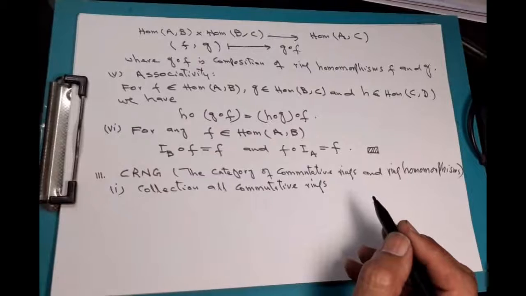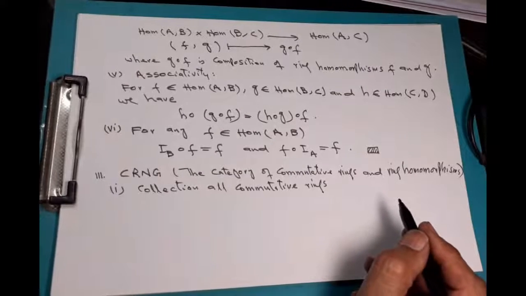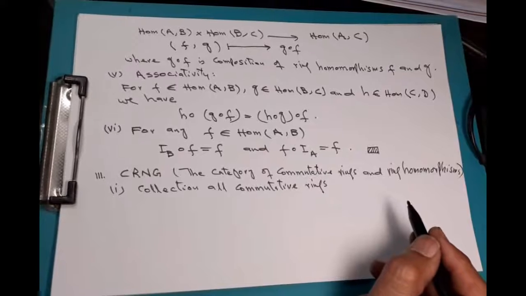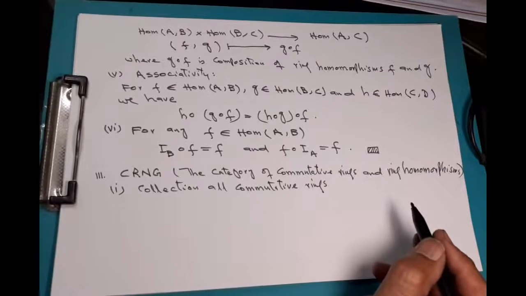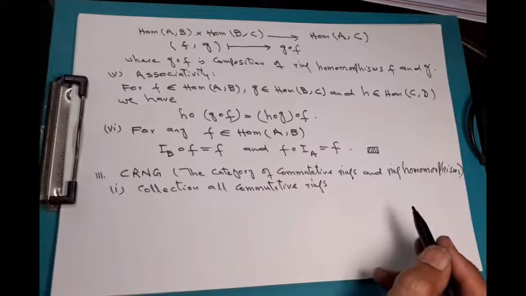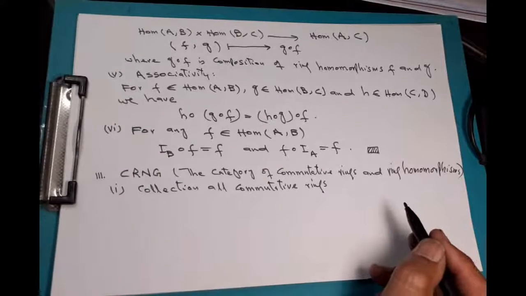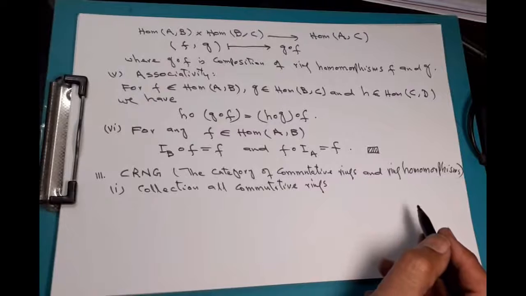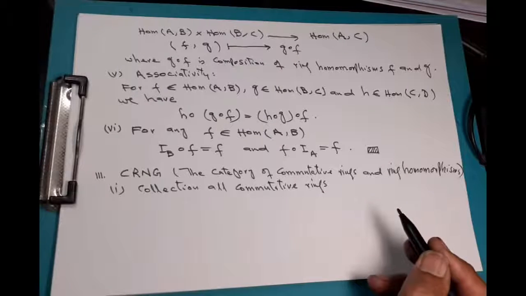And then, as we have done before, for two commutative rings A and B, Hom(A,B) will be the collection of all ring homomorphisms from A to B. And the same goes for identity ring homomorphism, composition of ring homomorphisms, and their associativity and everything. So we do not go into detail now. You can write these things on your own.